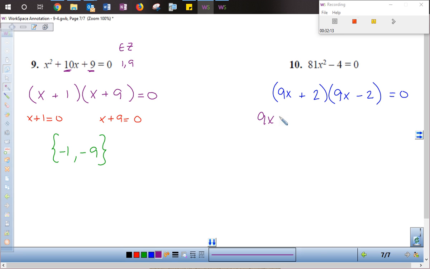Now I can take 9x plus 2 and set it equal to 0, and 9x minus 2 and set it equal to 0. Now pause the video and finish this problem. Hopefully you got answers of -2 over 9 and +2 over 9.